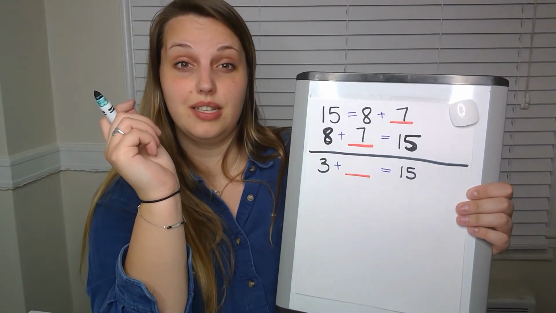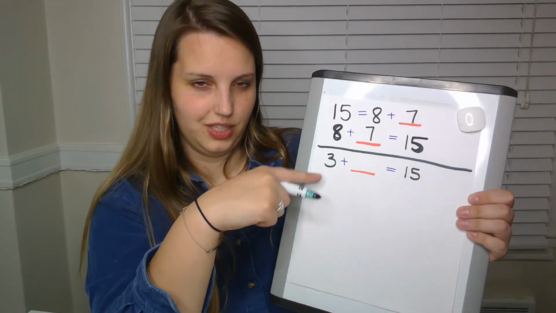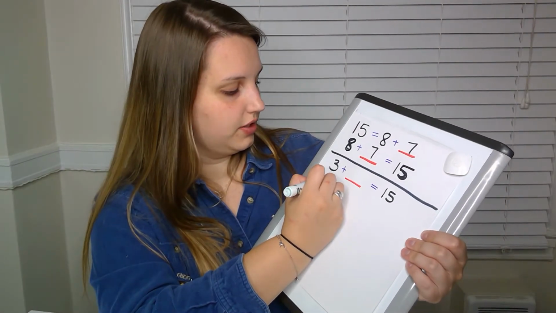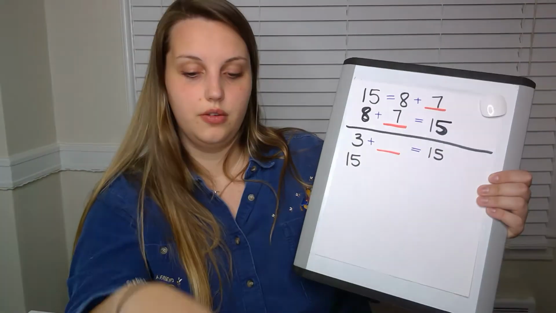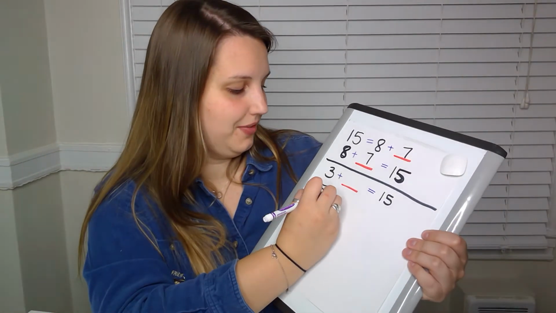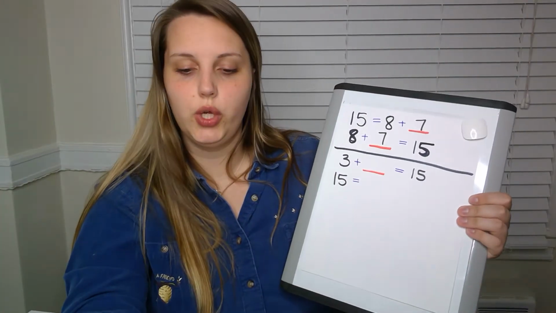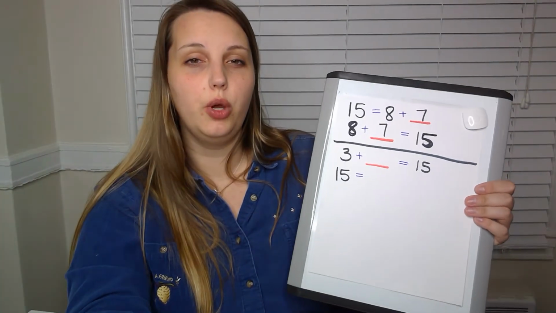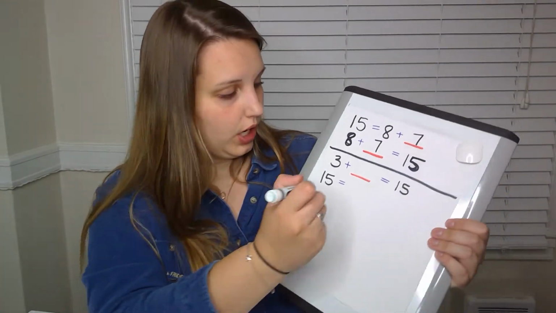The other way we can write this is 15 first. You got it. Starting to see that pattern. 15 equals, our addend that we know is 3 plus missing addend.